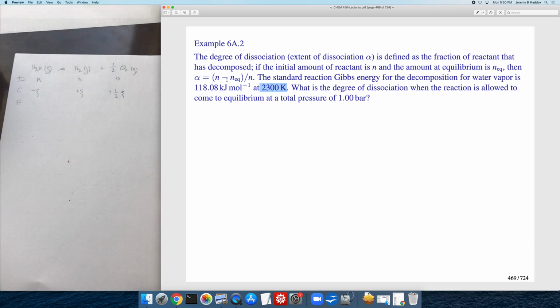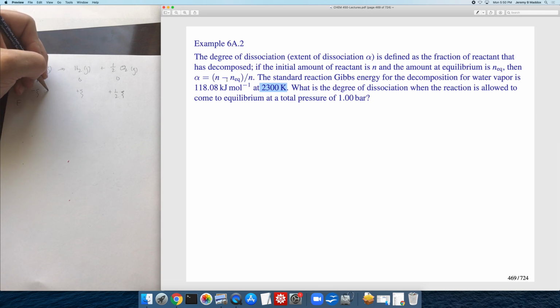Nothing wrong with doing that. They're just defining it in a different way, right? What they're saying is this quantity here would be equal to N minus N equilibrium.